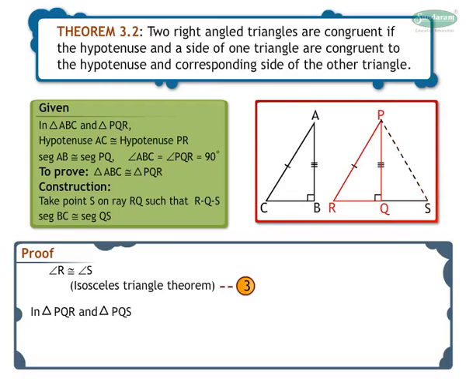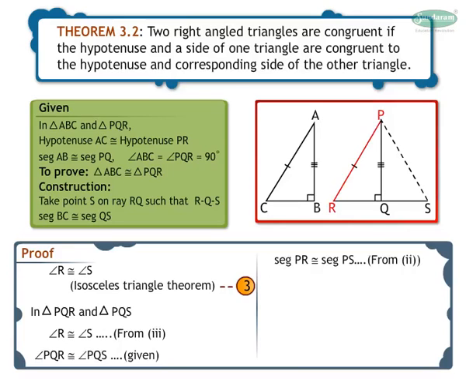Now in triangle PQR and triangle PQS, from statement 3 we can say that angle R is congruent to angle S. Also it is given that angle PQR is congruent to angle PQS. From statement 2 we have segment PR is congruent to segment PS.